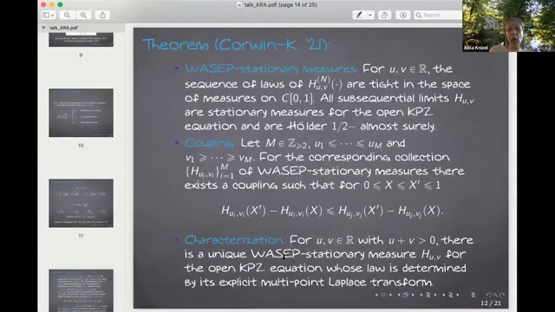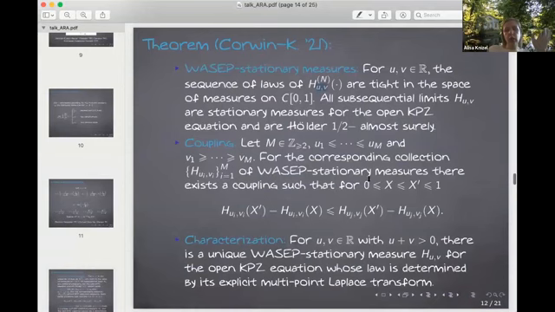First of all, we show that these objects, capital H with label N, have a parameterization in terms of these boundary parameters U and V. We check that they fall into the setup which was considered in the previous works mentioned on the previous slide.